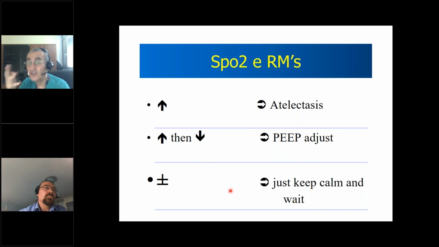Those are not recruiters. Usually those are old ARDS. In this case, I do not perform it anymore. I just keep calm and wait with a lung protective ventilatory strategy.